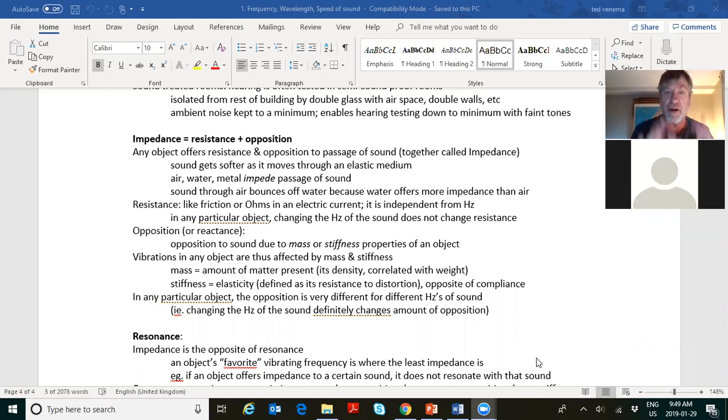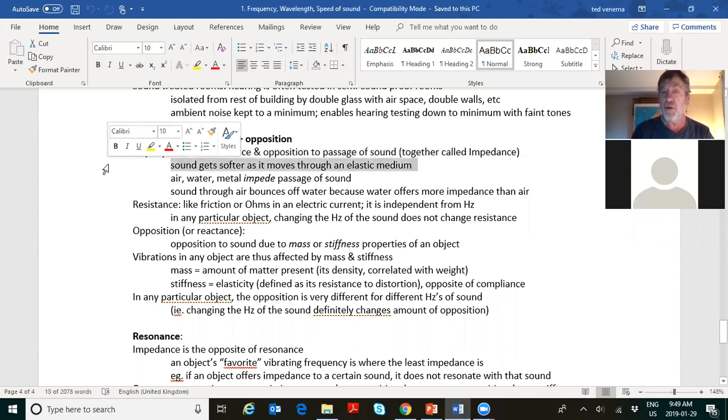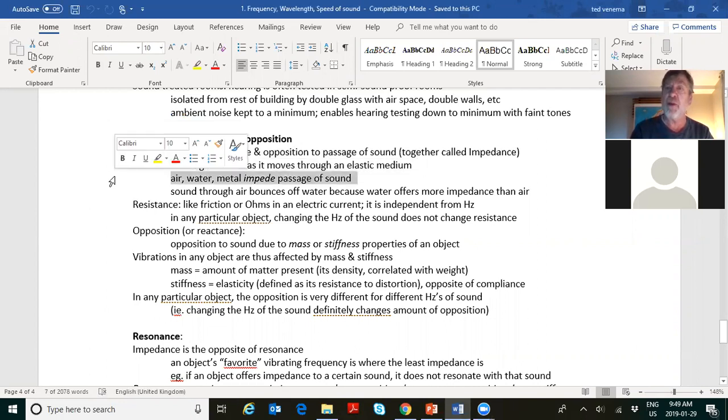Now read with me very carefully here. Any object offers resistance and opposition to the passage of sound going through it. Together, that's called impedance. Sound gets softer as it moves through things. In air, water, metal, they all impede the passage of sound.